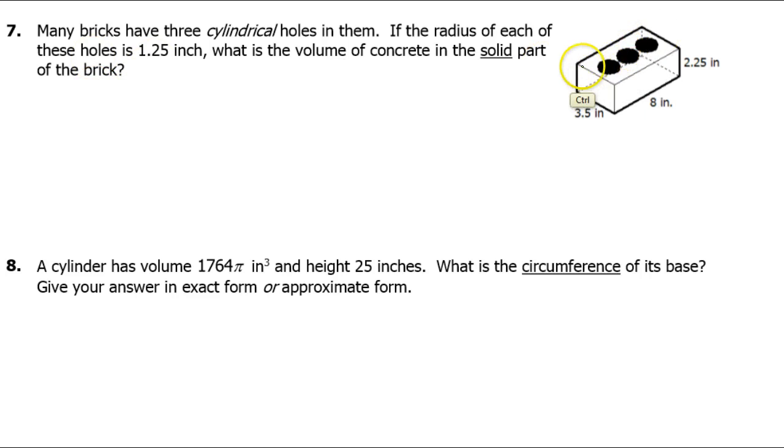Well, the volume of the concrete is going to be the volume of the whole prism, so I'm going to say volume prism, minus the volume of the holes. If I start with the volume of the solid prism, like looking at it as a solid box, and then subtract the 3 holes, that's going to leave behind the concrete around it.